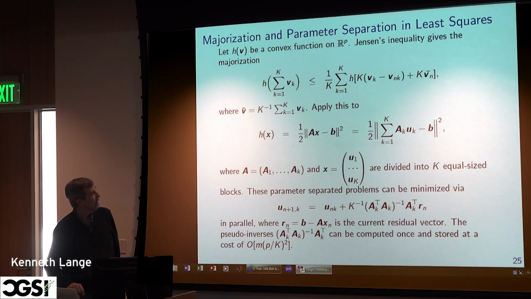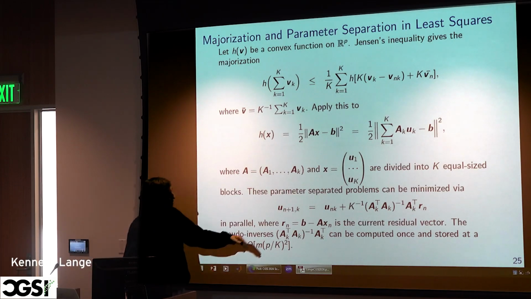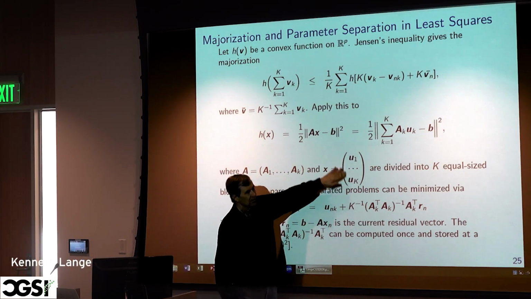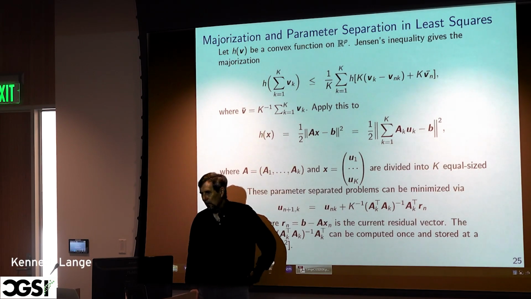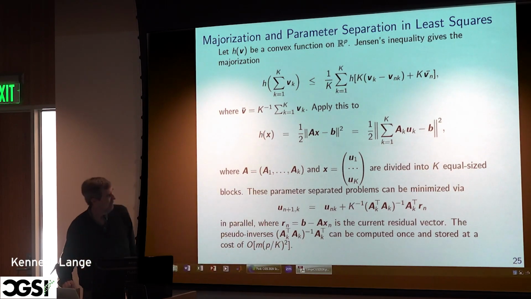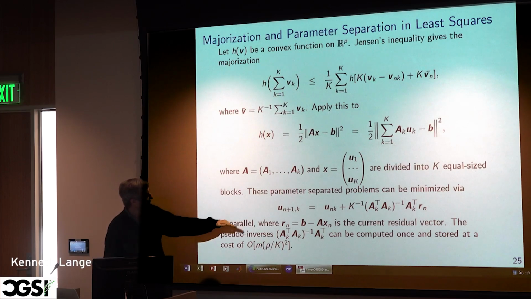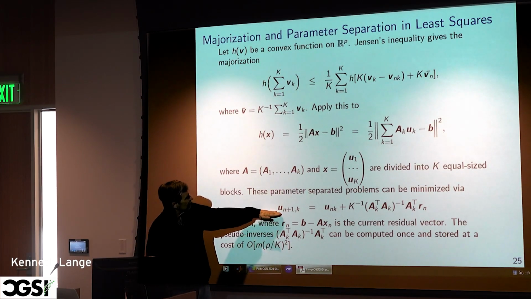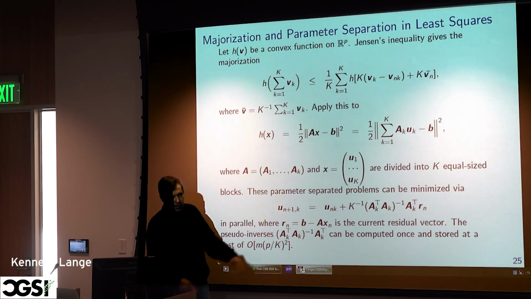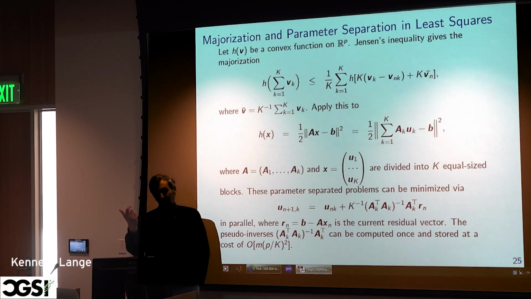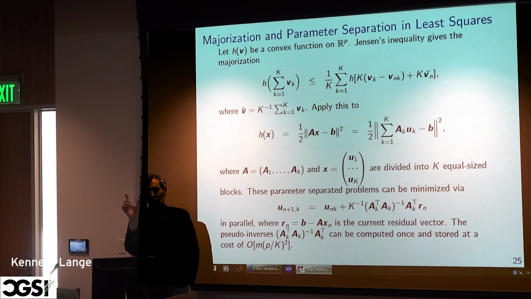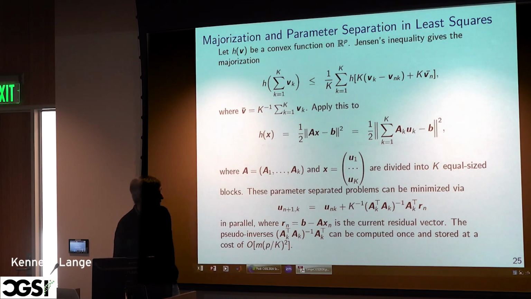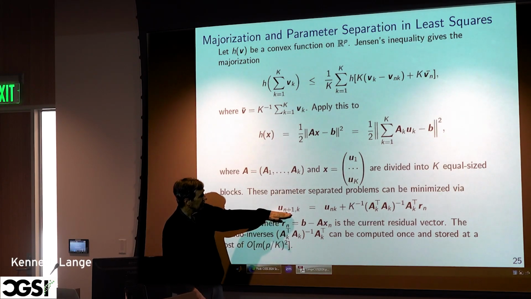And when we do that, we separate the parameters. And the parameters are separated along these blocks, u_1 through u_K. And you can actually solve each of the pieces. So when you separate the parameters, you work piecemeal, updating one block at a time. Actually, you can do them all in parallel. And these are the updates.